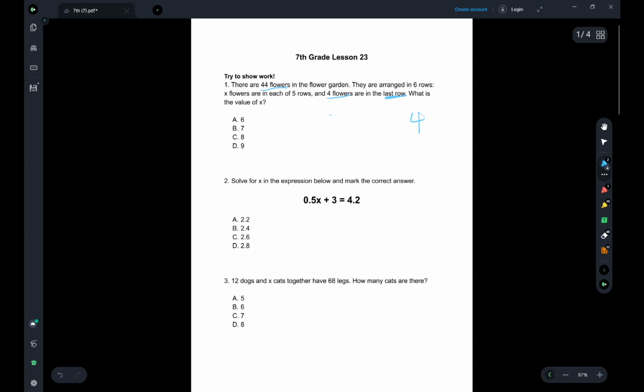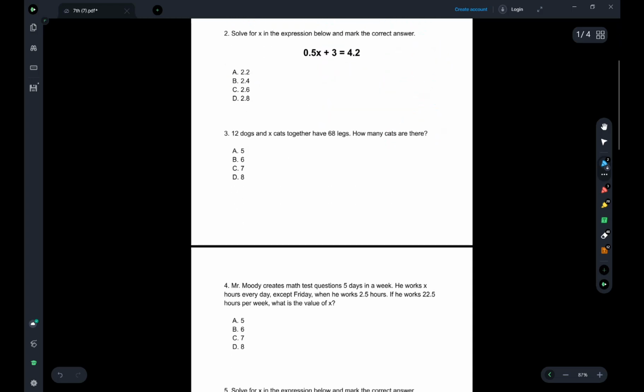So you have 40 left after you take out the last row, and then you have 5 rows to split up 40 flowers. All you need to do is just 40 divided by 5. And what do you get? That's 8. So your answer is C.